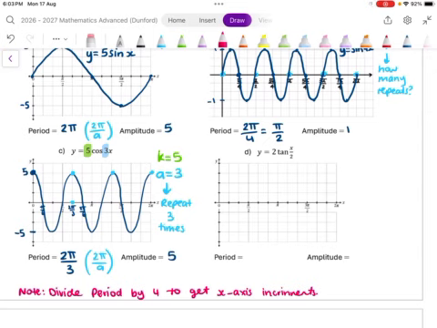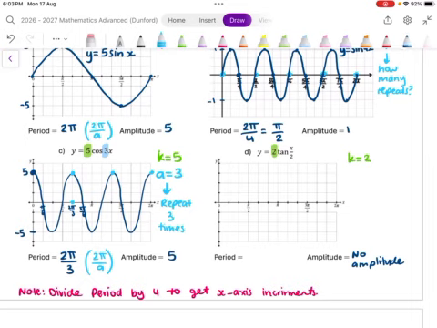Okay, the last one, D, for our period and amplitude. For this one, our k value equals 2, but technically there is no amplitude because we have a tan function.